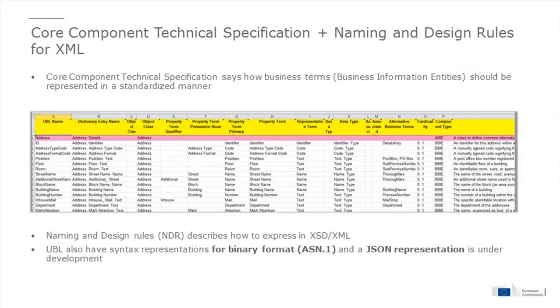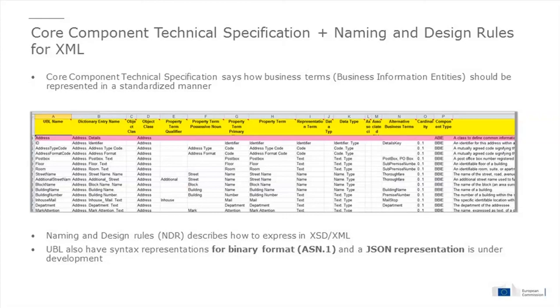And as you can see, the business terms are divided into parts in a structured and standardized way. And this is how the semantic level of the standards is maintained. It is a slightly different approach in CEFACT and in UBL, but at first glance, this is how it works.